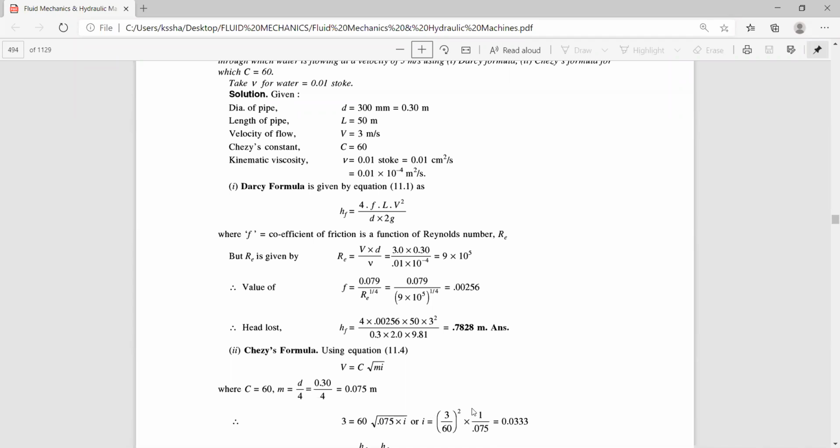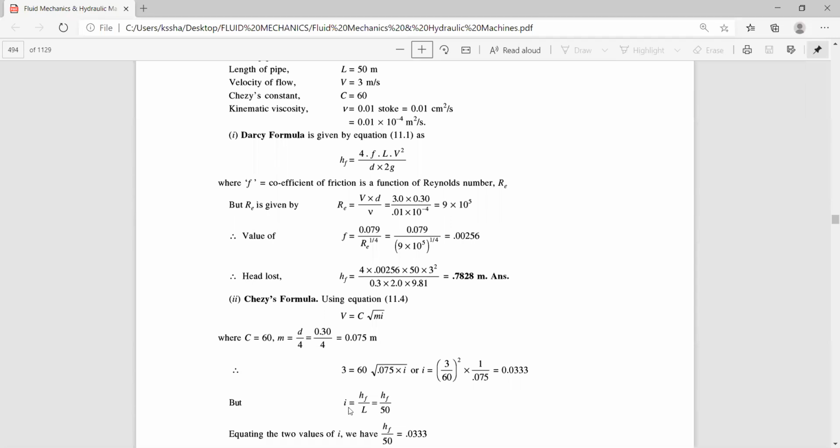So 3 by 60 whole square, into 1 divided by 0.075. So it comes out to be 0.0333 if you do the calculation.